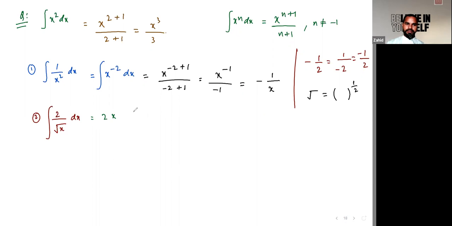On moving to the numerator, it will become minus half, times dx. Take any constant, keep it outside, and apply the formula. Try to solve.